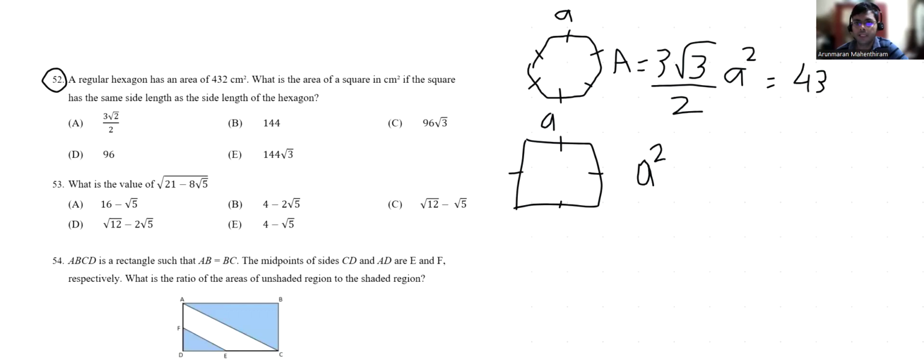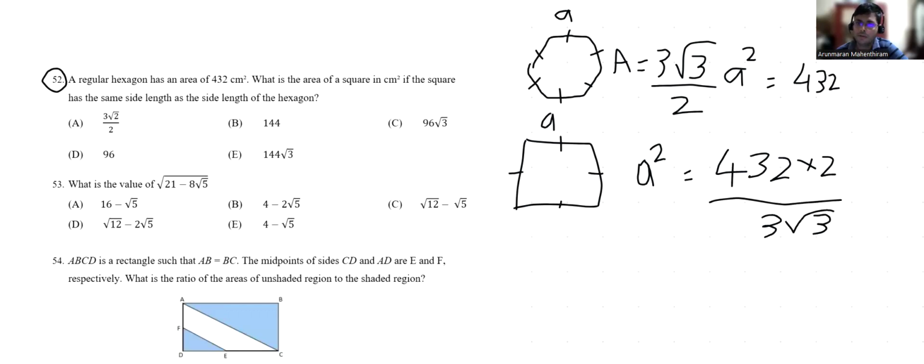So from here onwards, we can find a square. When you make a square the subject, that will be given as 432 into 2 by 3 root 3. When you divide 432 by 3, that is 144 into 2 by root 3.